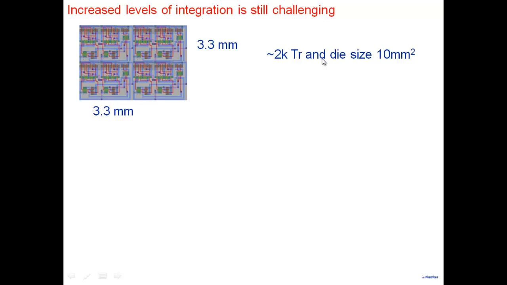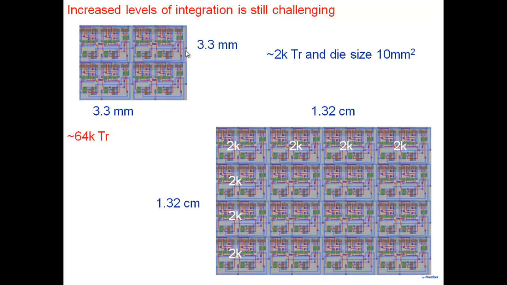So you would like to make a more complex microprocessor. Let's say I think of a nice design, and for that I require 64K transistors. Really ambitious. From 2K I want to go to 64K. If I use the same technology, 10 micron technology, roughly the size would become something of this kind.